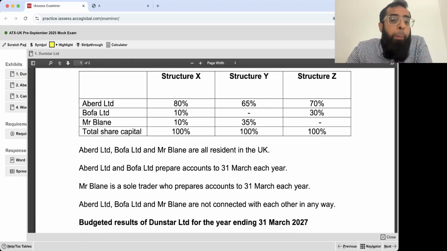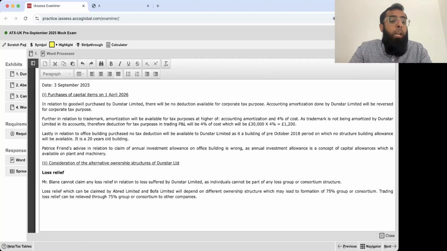In structure X, Abrid Limited will form its own 75% group, and access the entire loss of Dunster Limited. Because in a 75% group, you can claim the loss relief. There is no issue in it. There are no percentages getting applied.